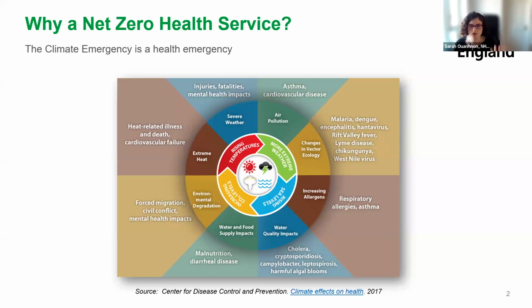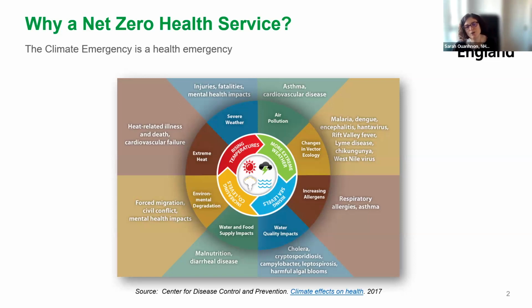You can also imagine performing surgeries or running A&E services in the middle of a flood or a storm. So there are all of these aspects. That's why we care, and that's why we think it's important for us to think about climate change.